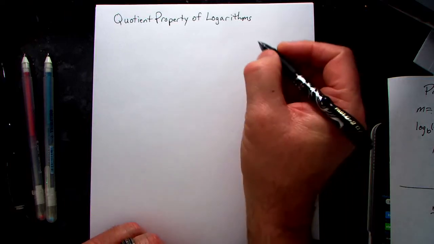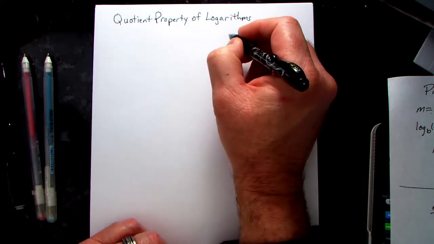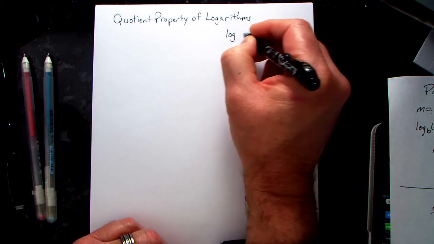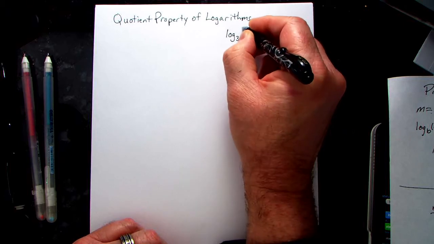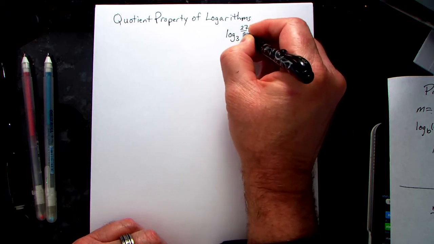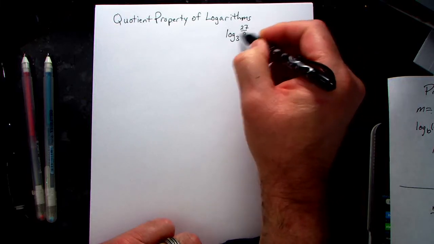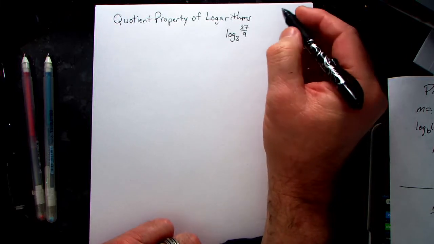Again, I think it's helpful to look at a numeric example and see it actually working. So if we take log base 3 of 27 over 9, we're asking ourselves, what should this be equal to?